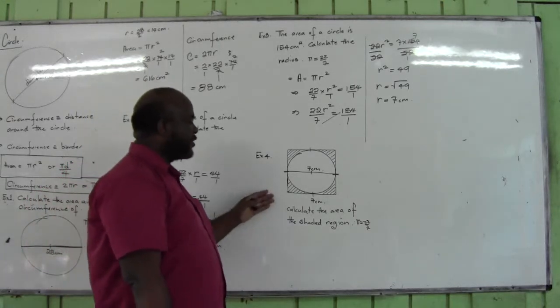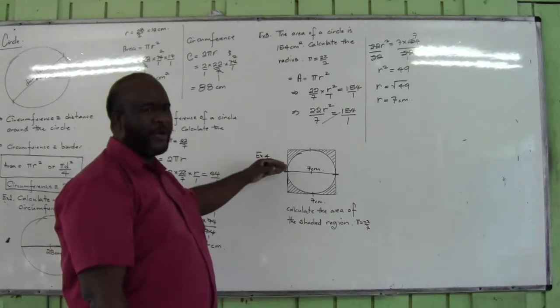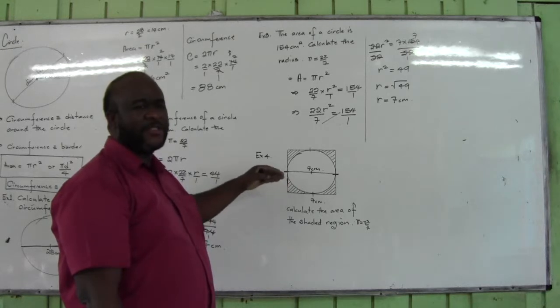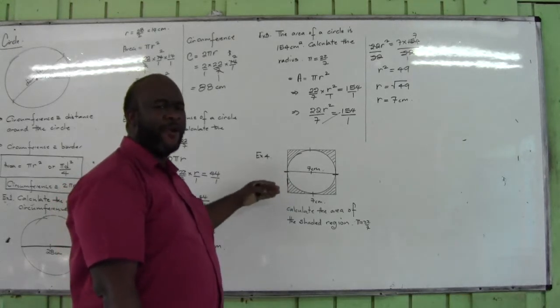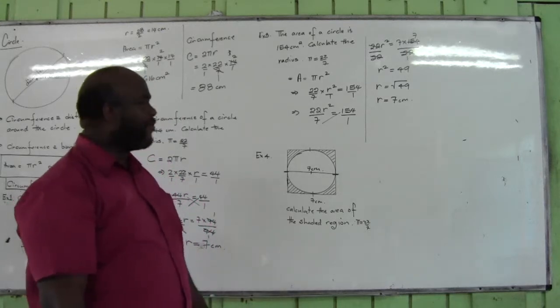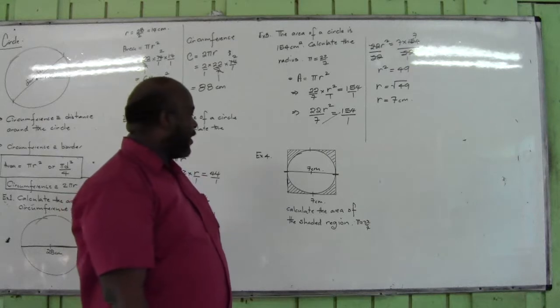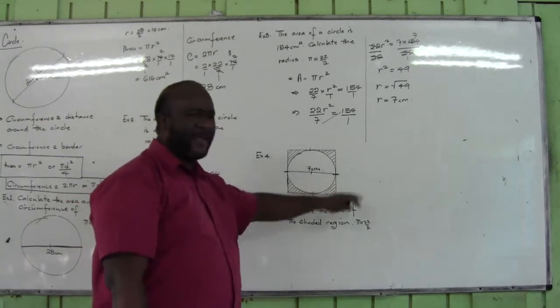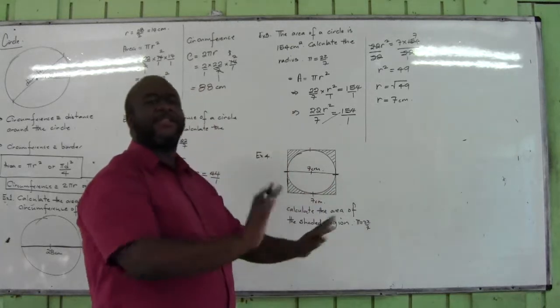Now essentially, to find the area of the shaded region, you have to find the area of the square, find the area of the circle, and then take away the area of the circle from the area of the square. Remember, area is measured in surface. If I multiply 7 by 7, that will give me the area of the entire square, the entire area inside it.